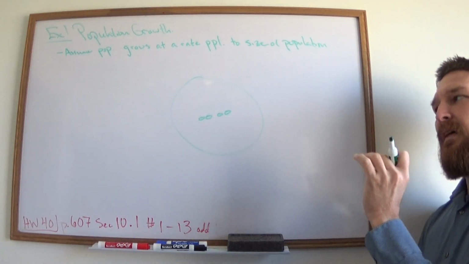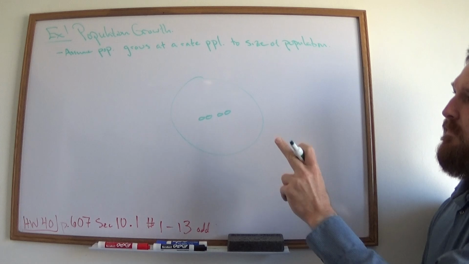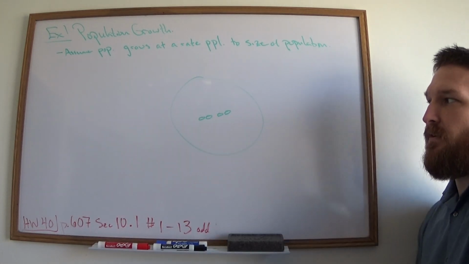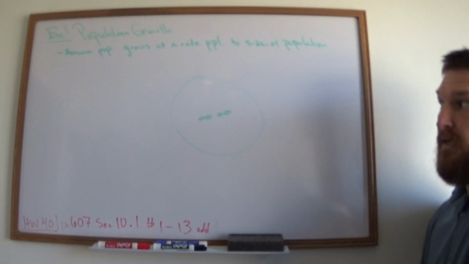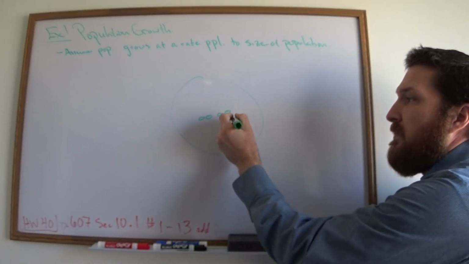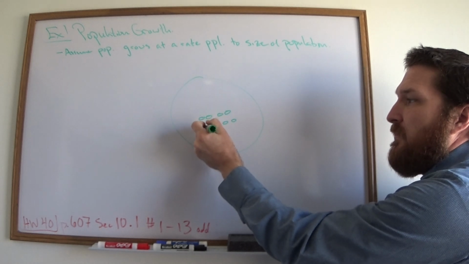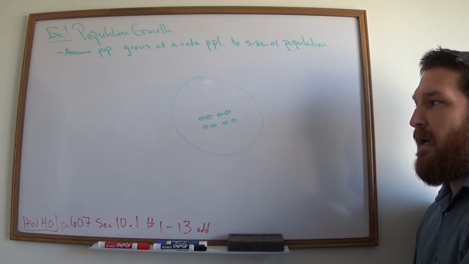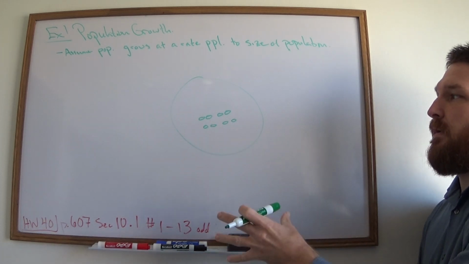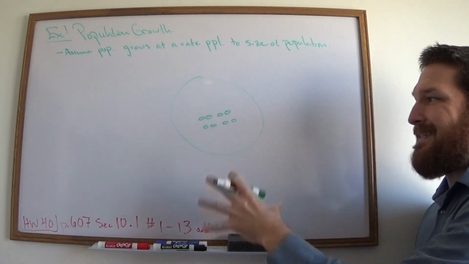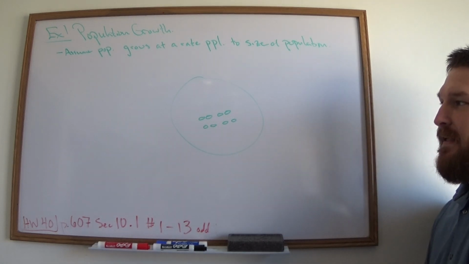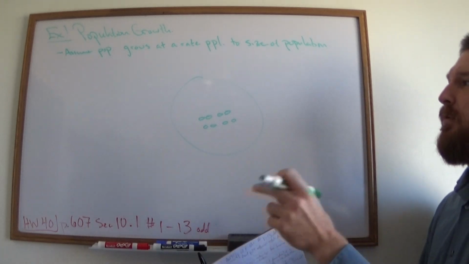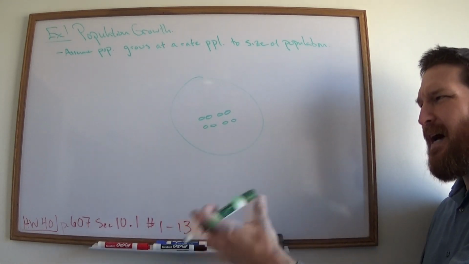The idea is how fast it's growing depends on how many bacteria you have in there. Let's say they split every 5 minutes. When there's 8, the rate that it's growing goes from 8 to 16. That rate is a lot faster than going from 1 to 2 in the same time.